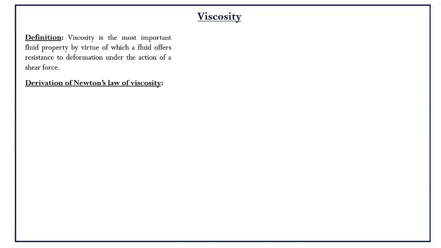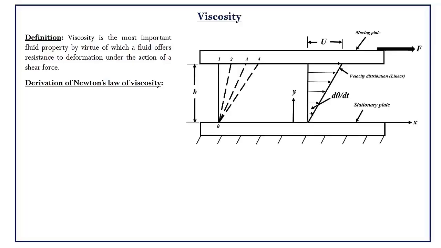In this regard, one very important law known as Newton's law of viscosity will be derived. For that, we need to consider the figure as shown. In this figure, you can see two plates. One plate is the bottom plate and the other is the top plate.